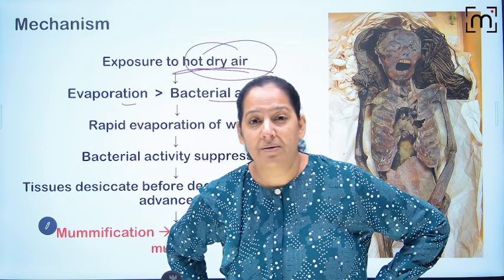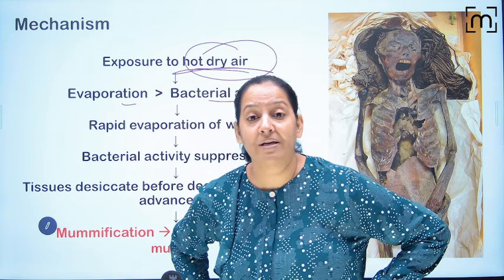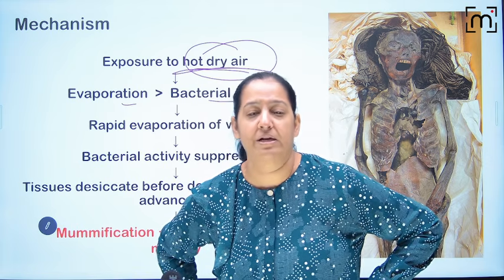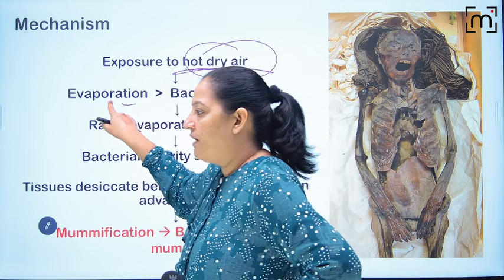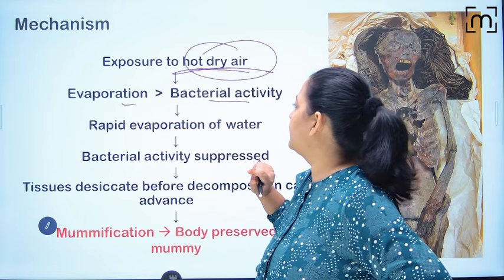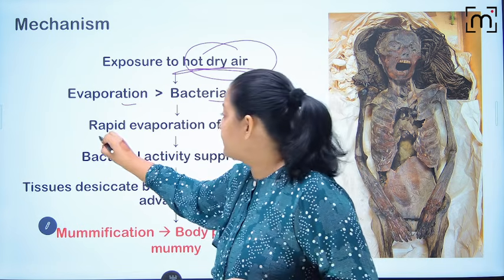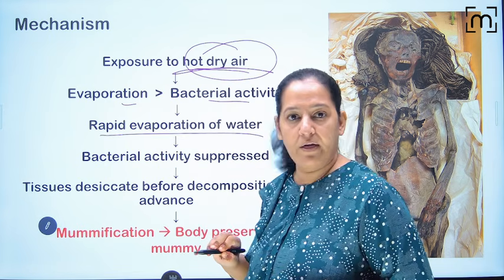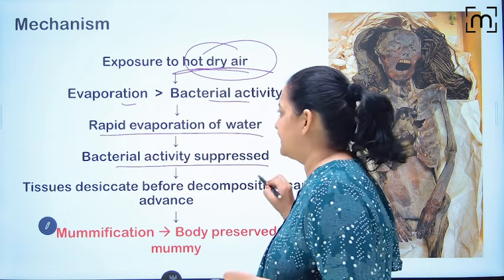In summers the temperature sometimes touches the 40s, 50s. In that case, if the dead body is kept in the open in summers in a dry environment, evaporation of the dead body occurs, and it is more than bacterial activity. It causes rapid evaporation of the water, and bacterial activity is suppressed.